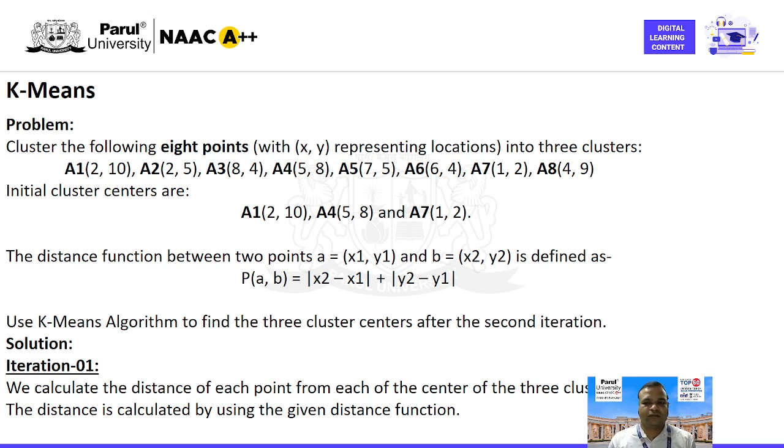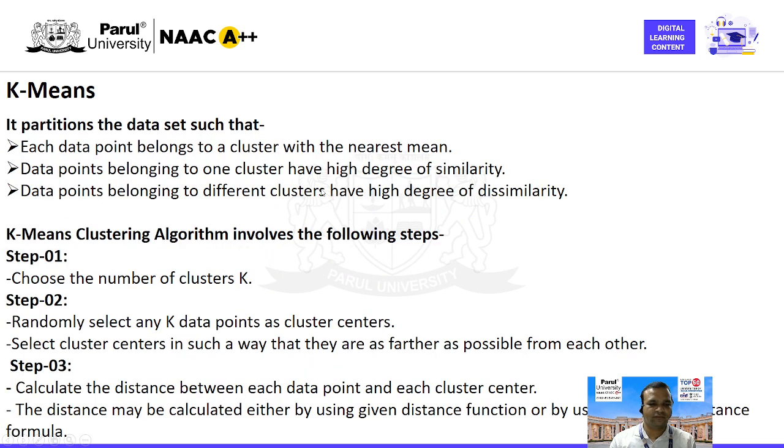Here we want to make 3 clusters, which means the value of k is 3. It's the choice of the user or customer. Initial cluster centers: we already said in step number 1, firstly, we choose the number of clusters, and in step number 2, randomly select k data points as cluster centers.